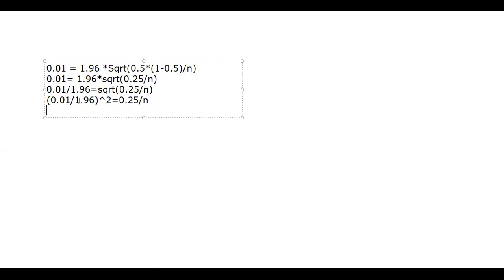So let's go ahead and figure out what this side is. We'll do some rounding. 0.01 divided by 1.96. Take that quantity and square it. And you get too small of a number. So let's see.